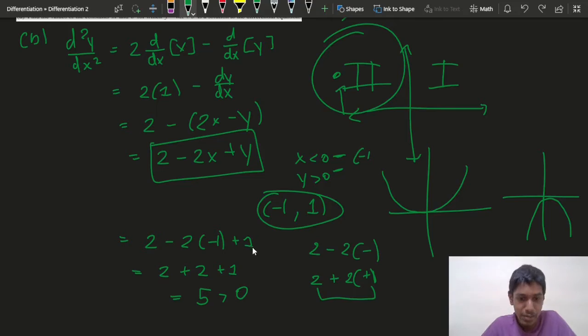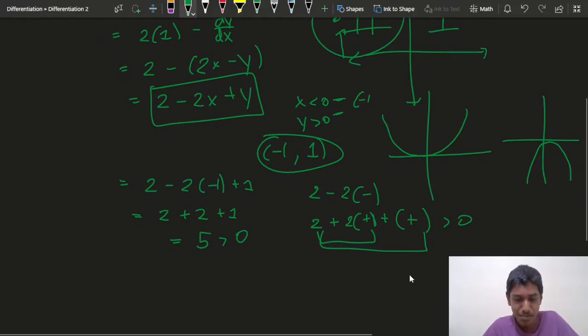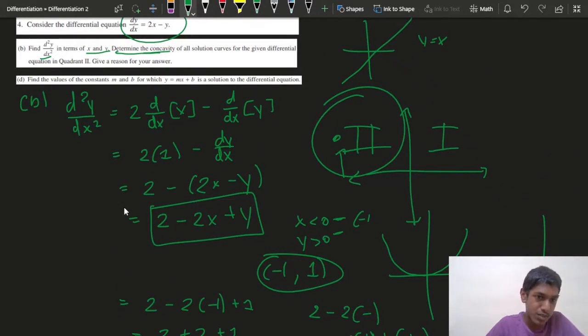And then we're adding y to it, but y is greater than 0, so we're adding another positive number. So this is also going to be greater than 0. So we know that the second derivative will always be positive, and so we know that we're going to be concave up in quadrant 2.